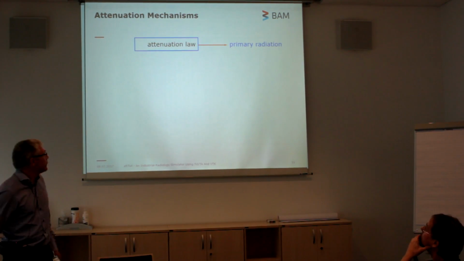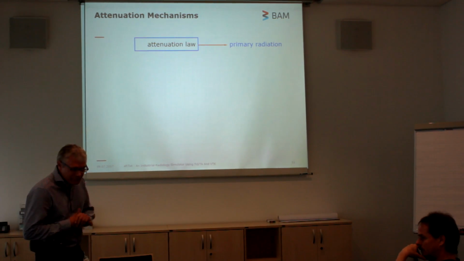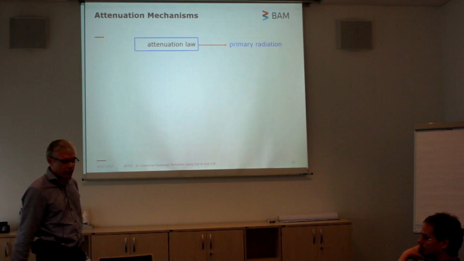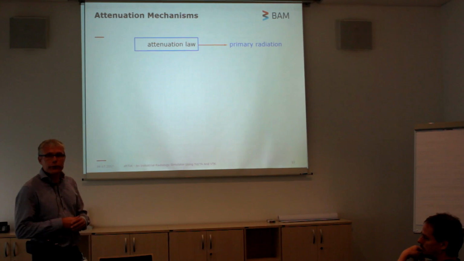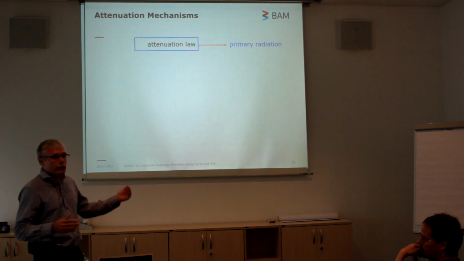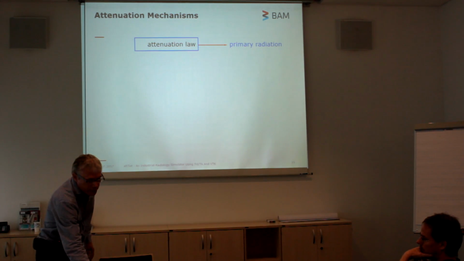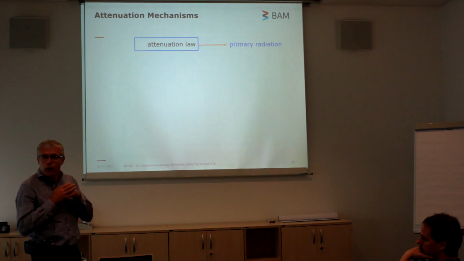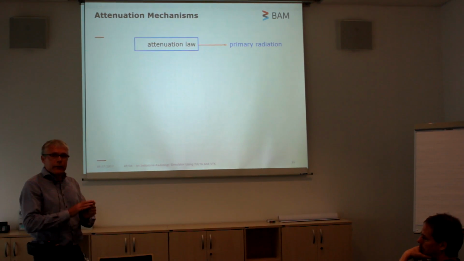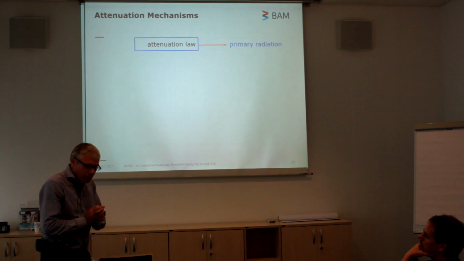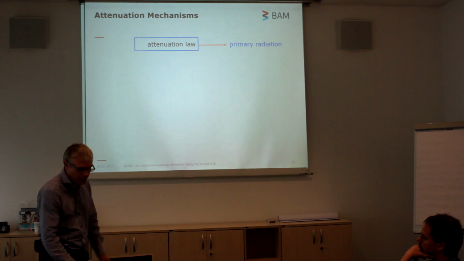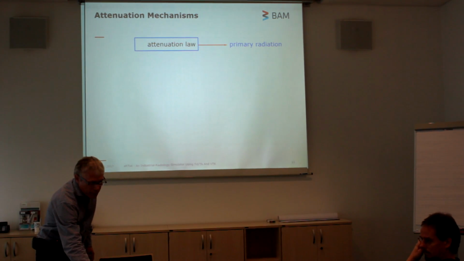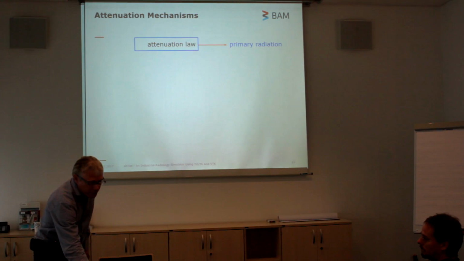The interaction: there are several interaction mechanisms. Altogether, for penetration radiography, we talk about attenuation. So X-rays going through the object will be attenuated. There's a quite simple law, so there's a decrease with the length of the object, and we get a primary radiation image which gives the most information.